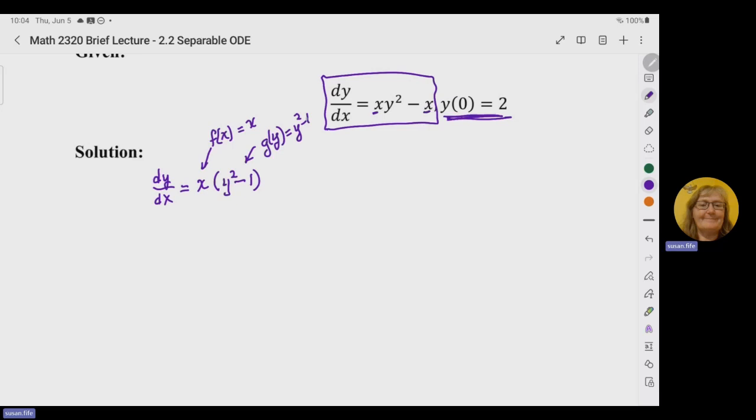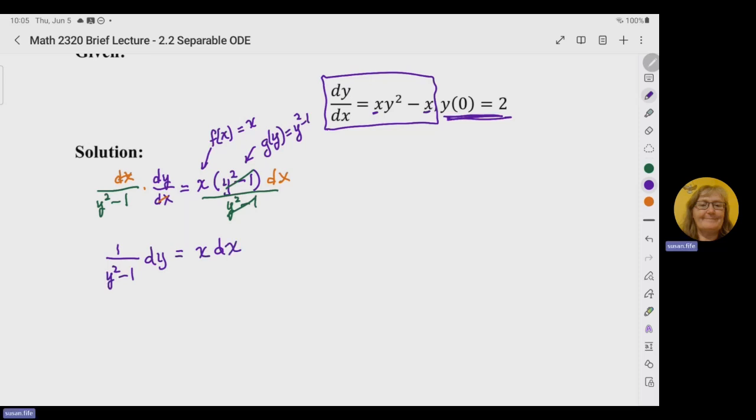We can separate the variables by multiplying both sides by dx. That'll cancel the dx on the left side. And it tells me my x terms go on the right side. And I'm going to divide by y squared minus 1. This gives me, I'm going to write that as 1 over y squared minus 1 dy is equal to x dx.